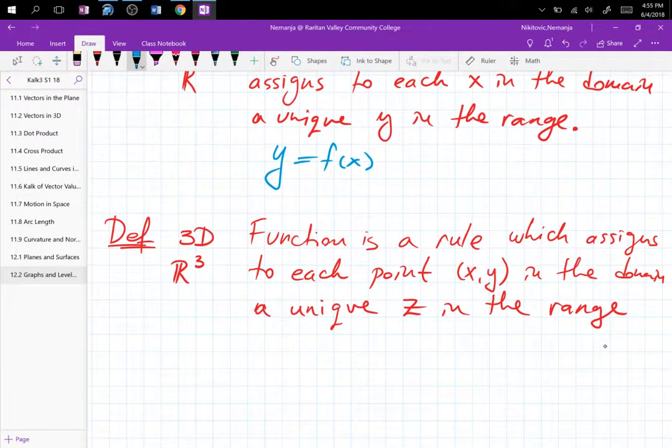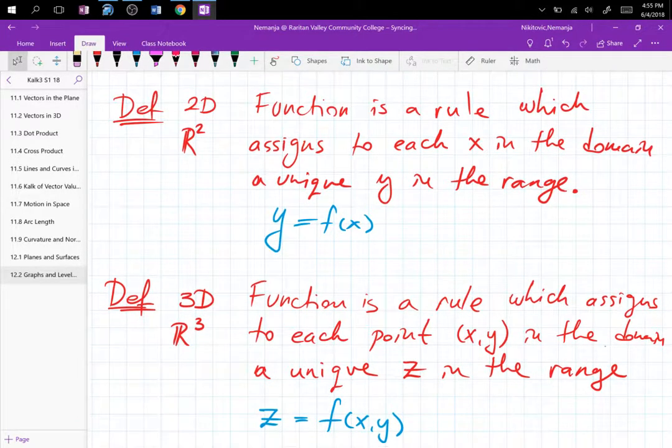And we write that as z equals f of xy. We can generalize this to any number of variables that you want. You can have a 17-variable function. It's fine. So if you take a look at these two definitions, they're identical. The only thing that is different between them is that in the top definition, your input is an x value on the x-axis, and in the bottom, it's a whole domain.